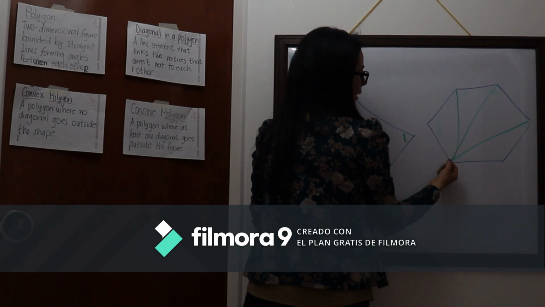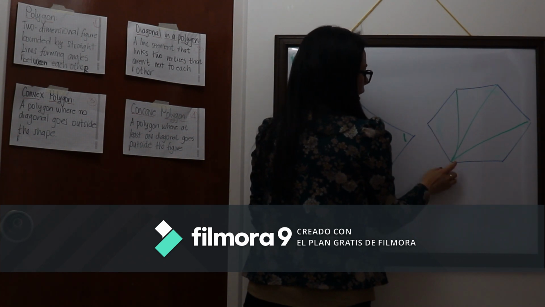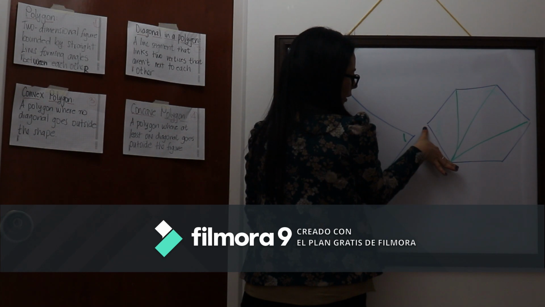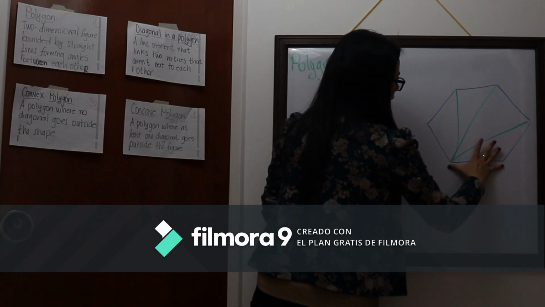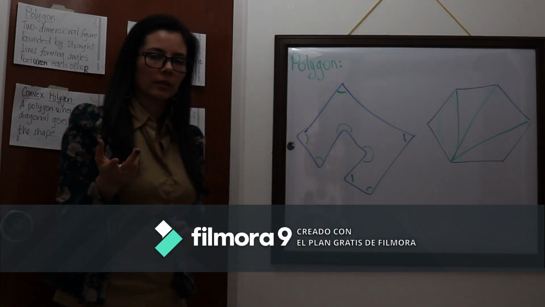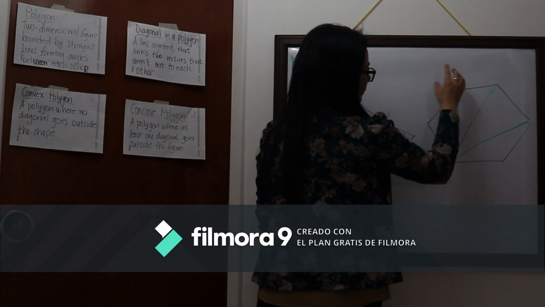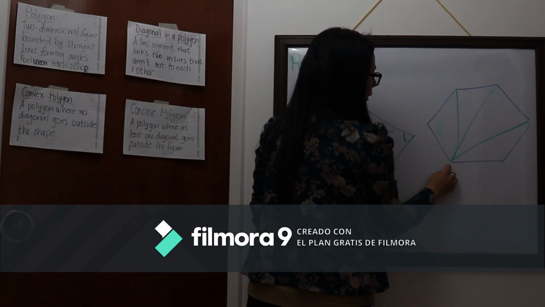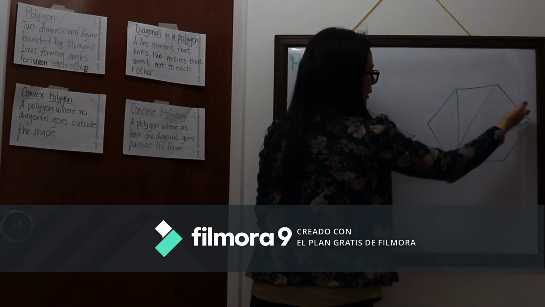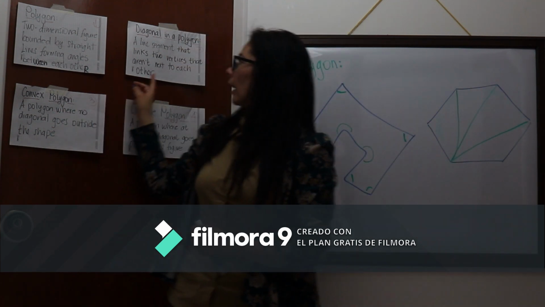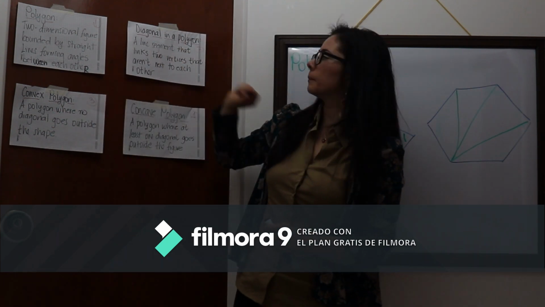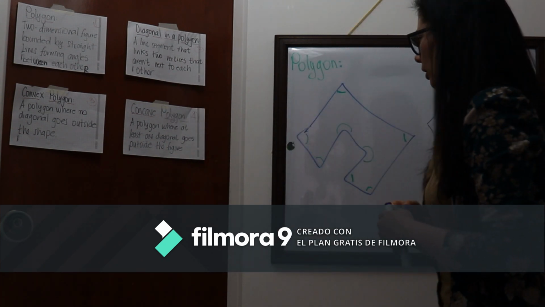So a diagonal cannot go from this vertex to this vertex, or from this vertex to this vertex over here. We cannot do that. That's why from this vertex only we can make 3 diagonals. So again, a diagonal has to be a line segment that connects 2 vertices that are not next to each other.